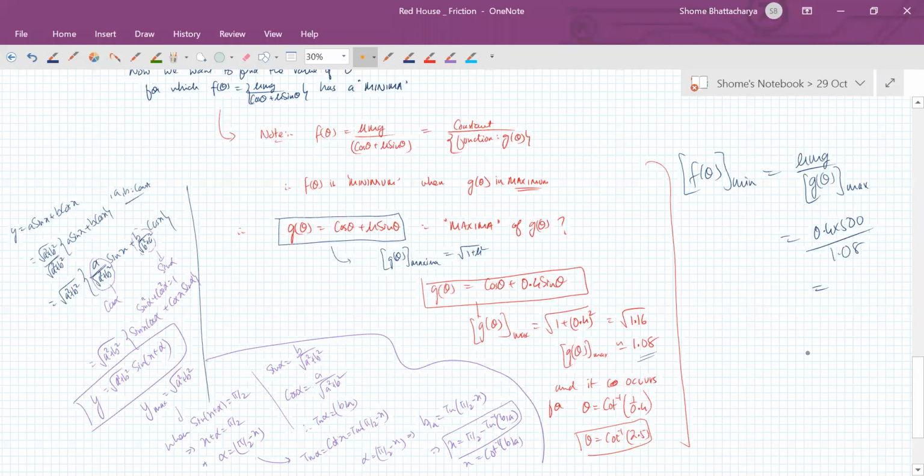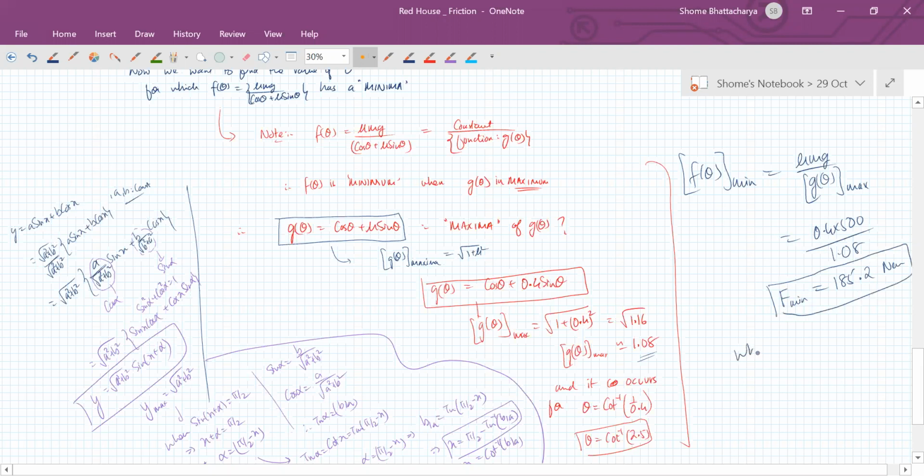So we will see that this will come out to be approximately about 185.2 newtons. So this is the minimum force required to move the block.